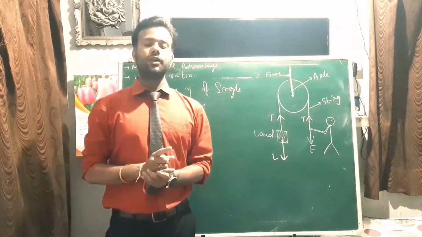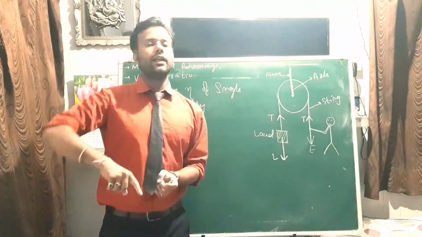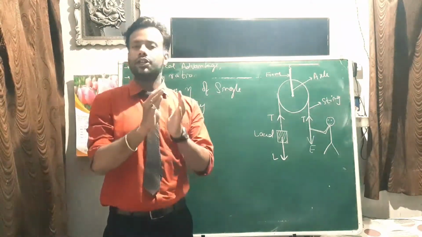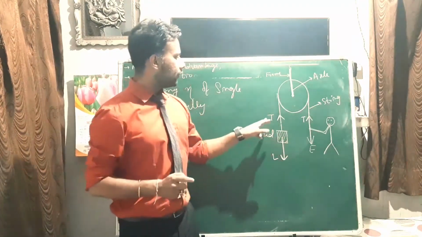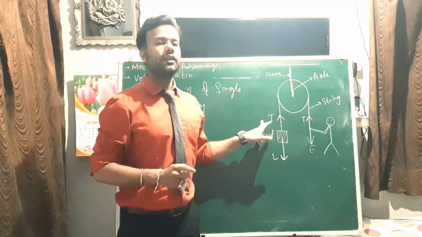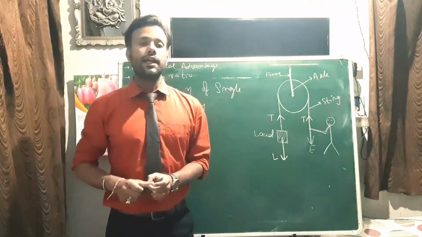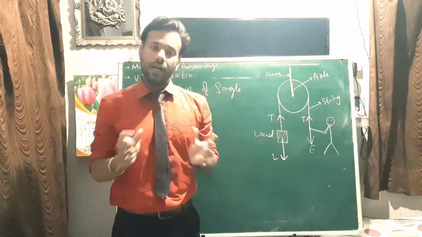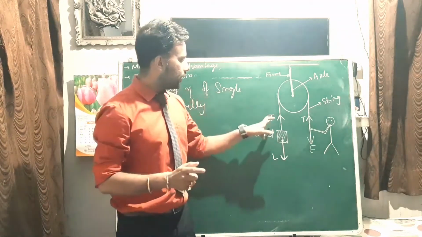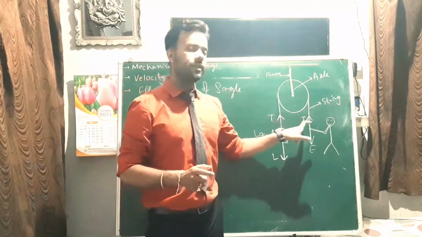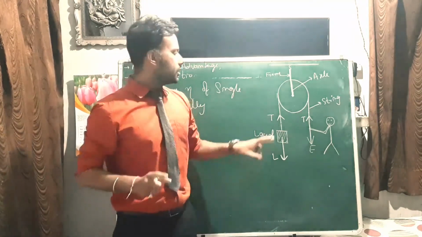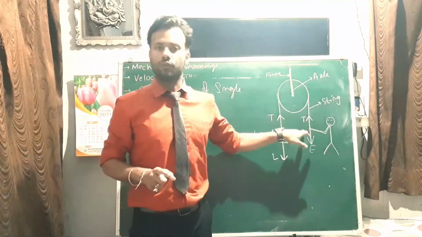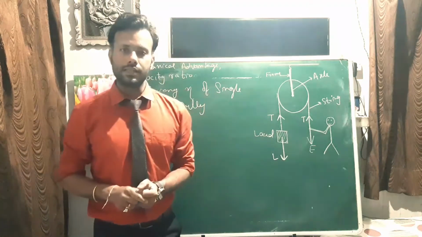If the string is common, then in the whole string the tension will be the same. If the value of tension is, let's say, 50 Newton here, then the value of tension in the whole string will be 50 Newton only. That means the value of T will be the same here, and that is why I have written the value of tension as T, not T1 and T2, because they both are the same.